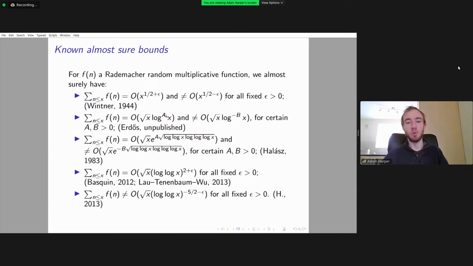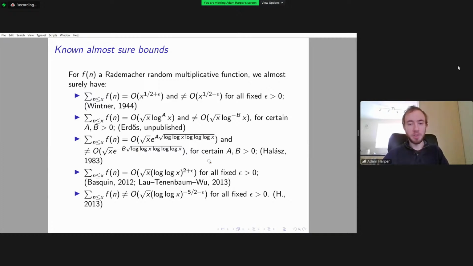You write log to the power a of x as e to the a log log x. And what Halász proved essentially is that instead of having e to the a log log x, you could have e to the a square root of log log x in the upper bound. And similarly, you could have e to the minus some constant square root of log log x in the lower bound. So we put a square root into the exponents.